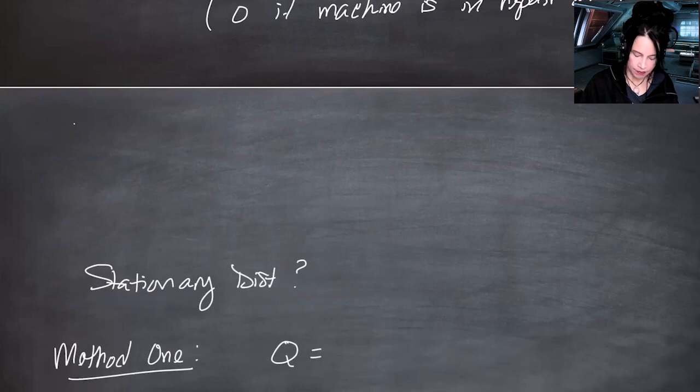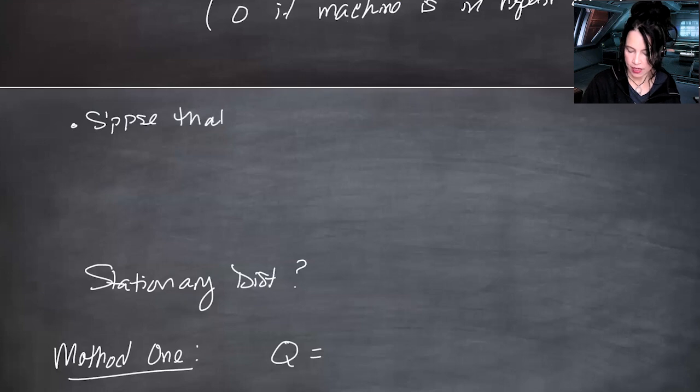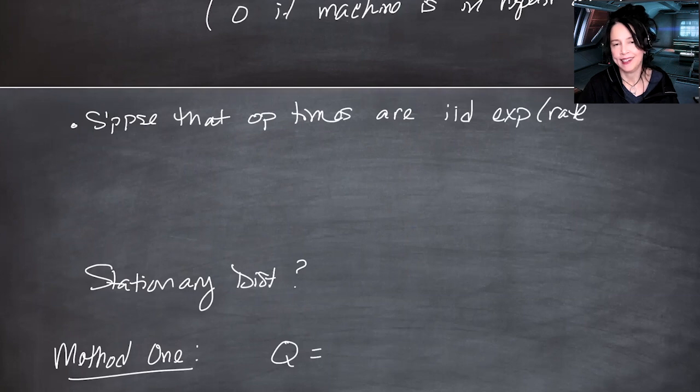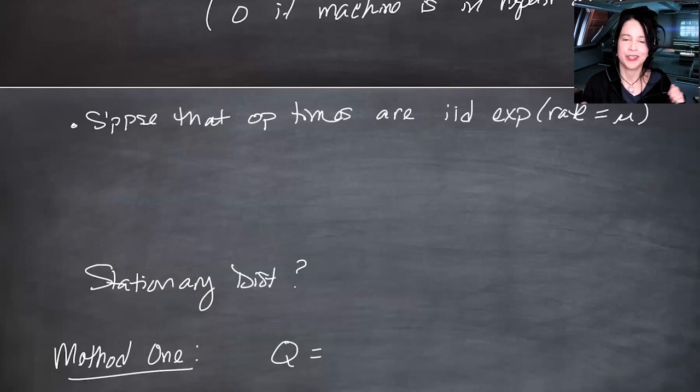So let's suppose that the operating times are IID exponential with some rate. I'm going to be leading here. I'm going to say rate mu and not lambda, so that when we turn it into a birth and death process, things will be in the right place.